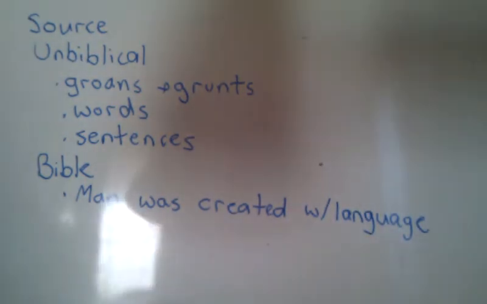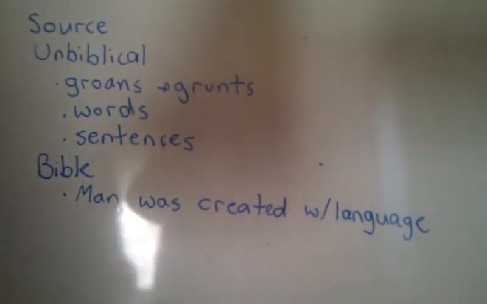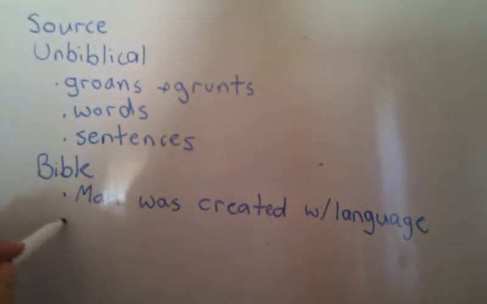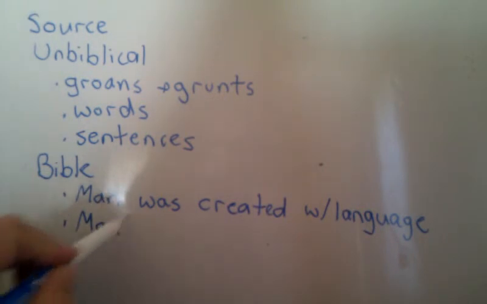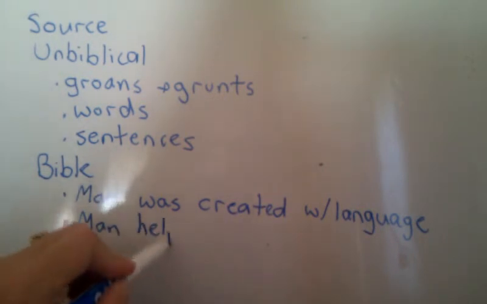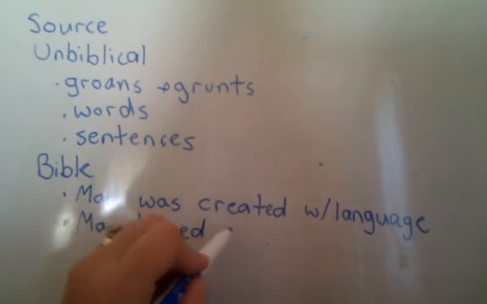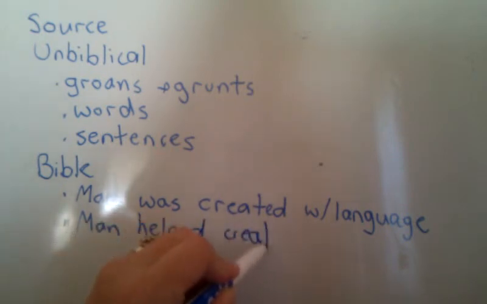We can also infer that to a certain extent, man helped create language. In Genesis 2:20, we are told that it was Adam that gave names to the animals. So man helped create language.